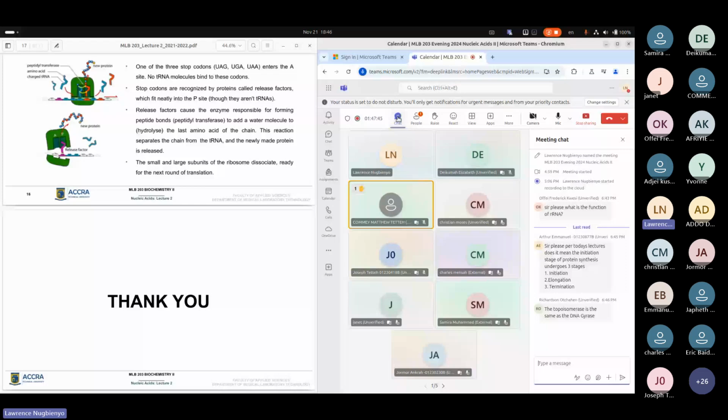After the initiation process, there will be addition of more amino acids to give you a peptide, and as more amino acids are added, you will have a long peptide being formed, and then in the end you will have a peptide which then gets dissociated at the end.